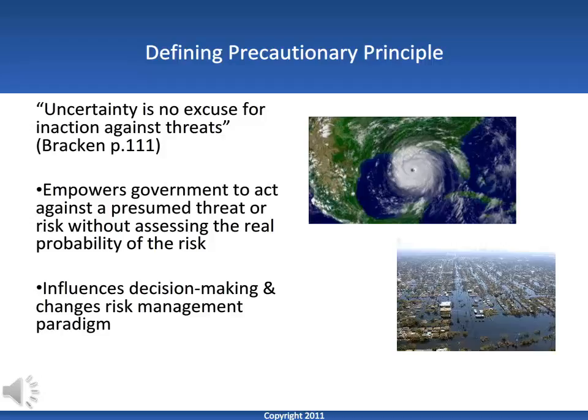And so what you really begin to do is shift the burden of proving that the risk is not important onto other parties. And we will talk about how this influences decision-making and changes the risk management paradigm in the next couple slides. But what the precautionary principle ultimately does is it looks to act early, to forestall a potential emerging risk or threat.